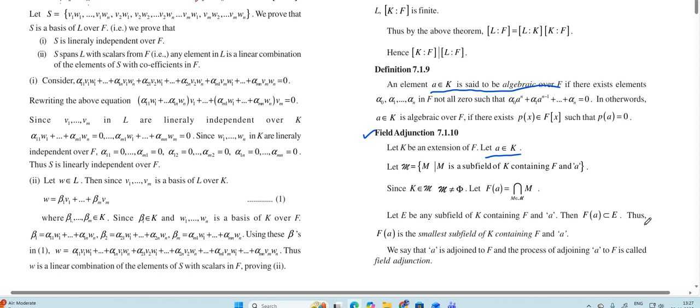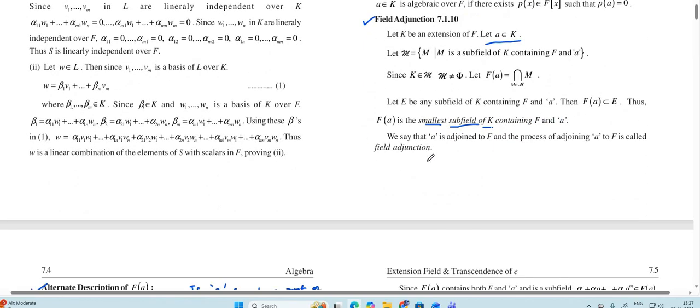F(A) must be contained in E. So it is the smallest subfield of K containing both F and A. In this case, we say that A is adjoined to F, and the process of adjoining A to F is called field adjunction.